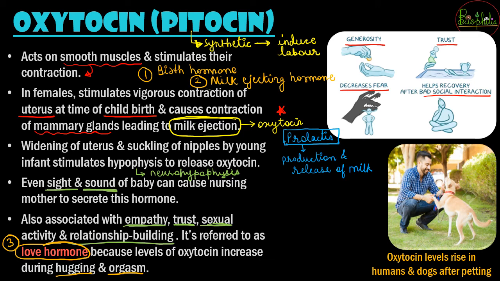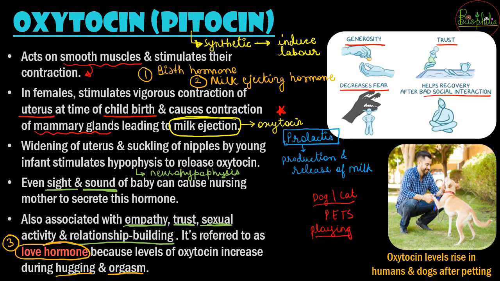And a very important thing is that oxytocin release can also increase when the person is playing with dogs. Whether you have dogs or cats, in short when you are playing with pets, there will be increased secretion of oxytocin.